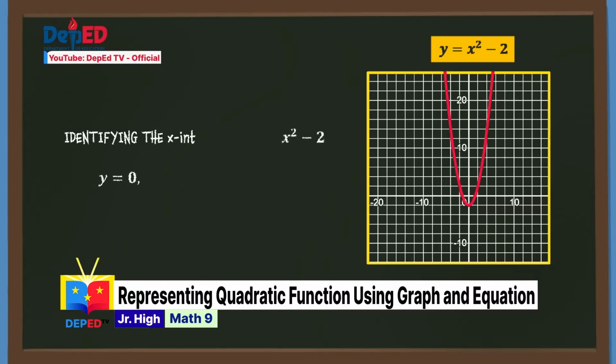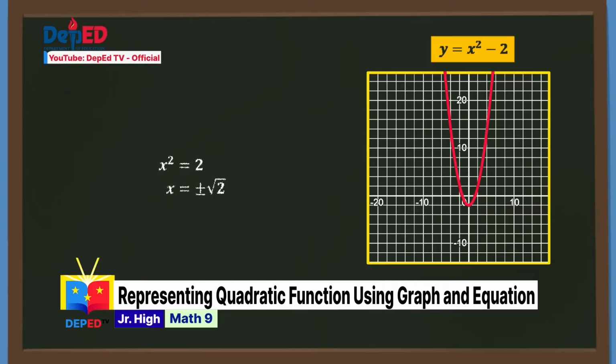When the value of the function y is equal to x squared minus 2 is set to 0, the equation produced is x squared minus 2 equals 0. Solving for x in this quadratic equation means identifying the x-intercepts of the function. So x squared must be equal to 2, and this means that x is equal to positive or negative square root of 2.